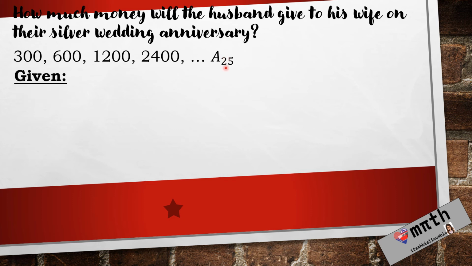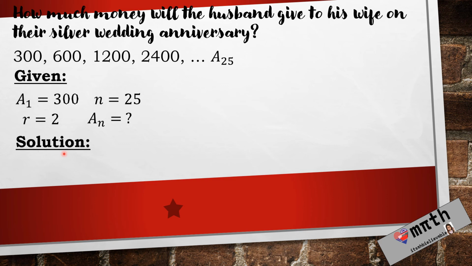The given again would be A sub 1 is equal to 300, and the ratio would be equal to 2. N would be equal to 25 since we're looking for the 25th wedding anniversary. Then A sub n would be the missing value, or A sub 25. Since we're looking for the nth term of a geometric sequence, we're going to use the formula A sub n is equal to A sub 1 times r raised to n minus 1. Let us substitute the given values.